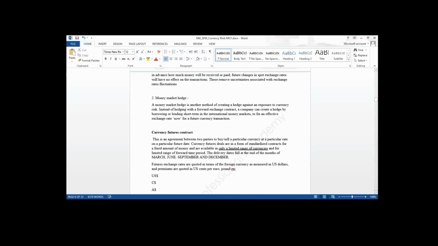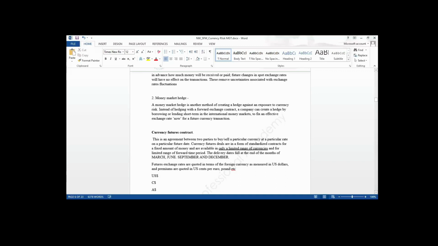A company can create a money market hedge by borrowing or lending in the international money markets to fix an effective exchange rate.